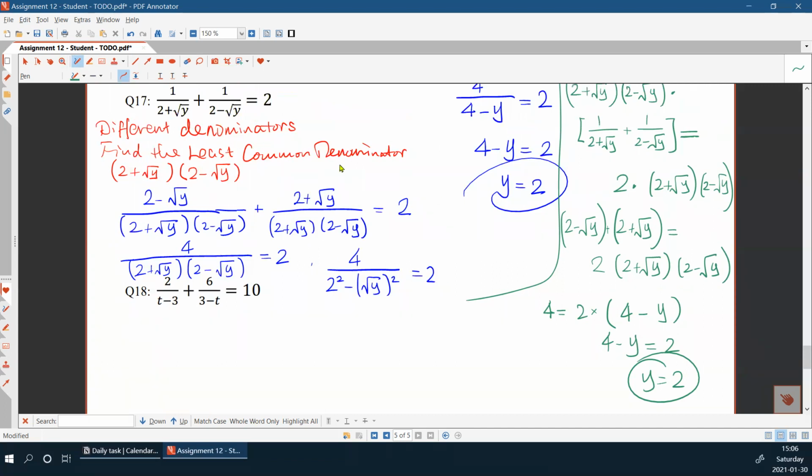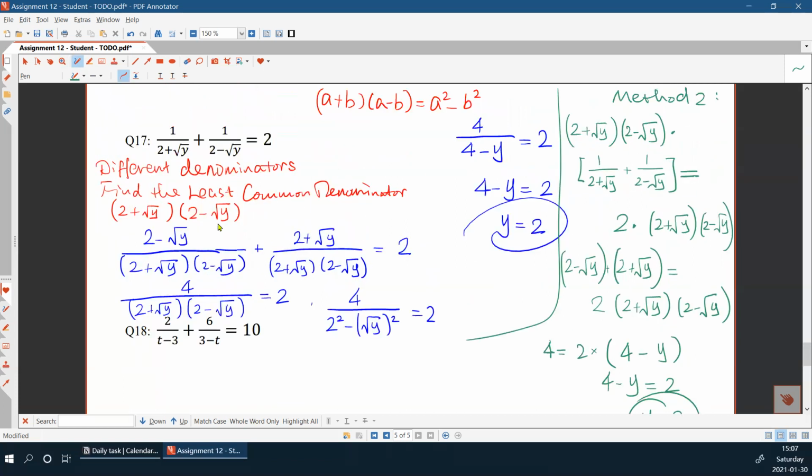Okay, can you see the difference between these two methods? I'll say it again. In the first method, we do not touch the right-hand side. We simply rewrite all the terms on the left-hand side using the least common denominator, and then use the cross multiplication method to solve it.